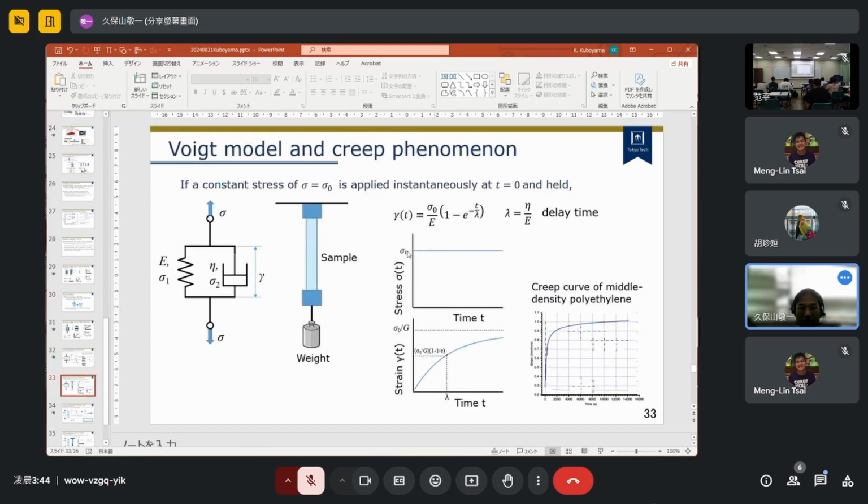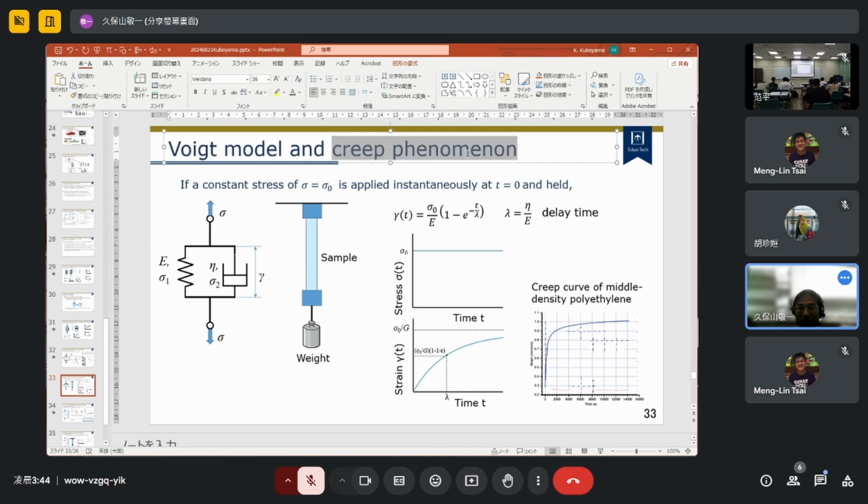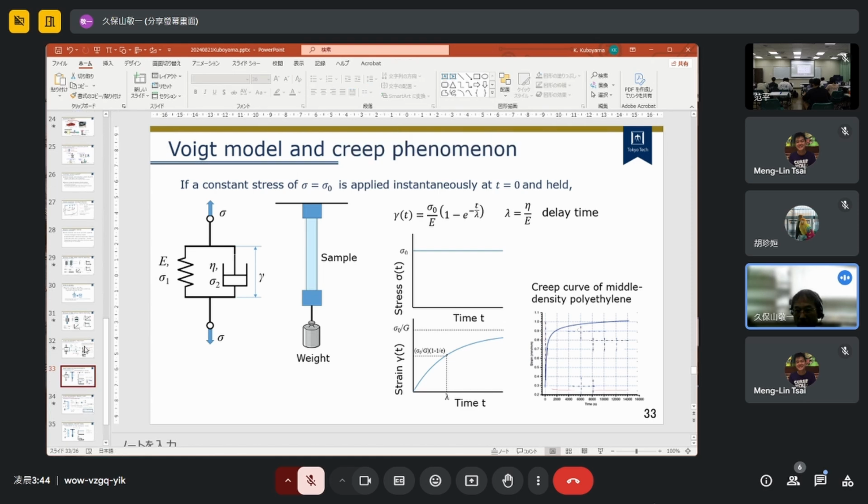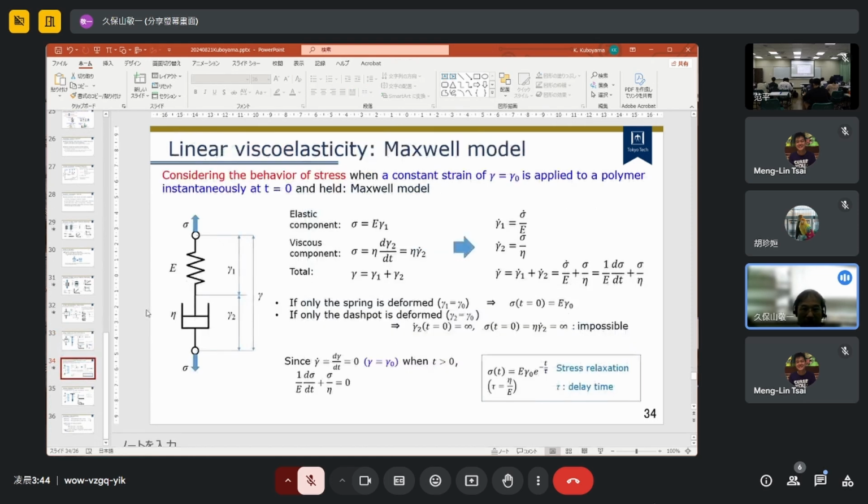Okay. So the Voigt model is used for such a phenomenon. Such a phenomenon is called the creep phenomenon. Okay. So finally, I'd like to introduce another famous one, the Maxwell model.